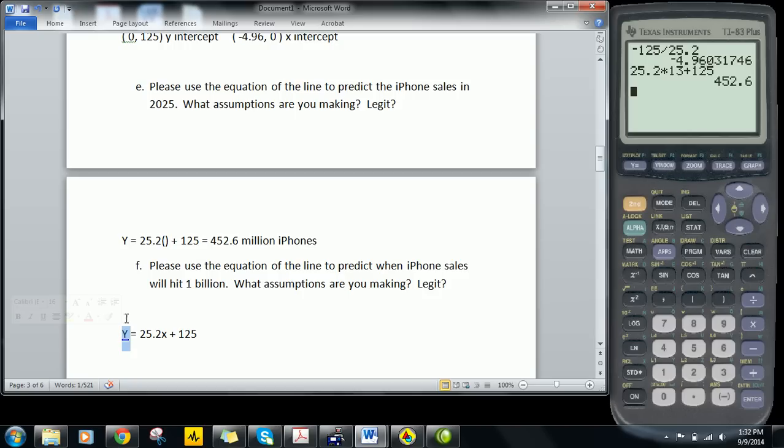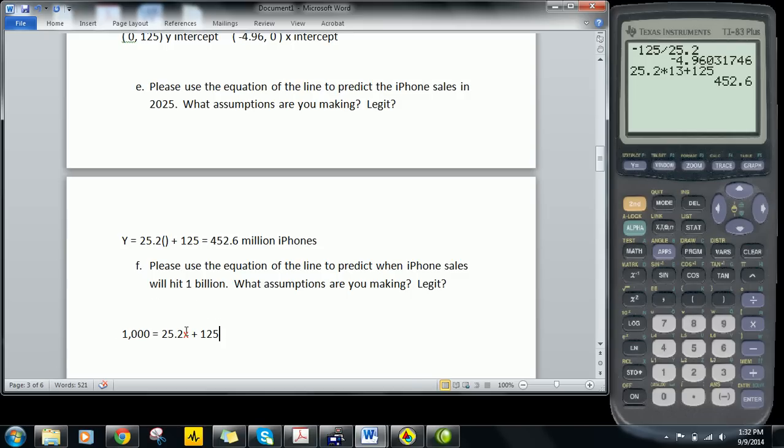So if I want to solve for x when I hit 1 billion, I'm not going to plug in 1 billion, I'm not going to plug in 1 for y. I'm going to plug in 1,000, because my y value is in millions, and 1,000 therefore would represent 1 billion.